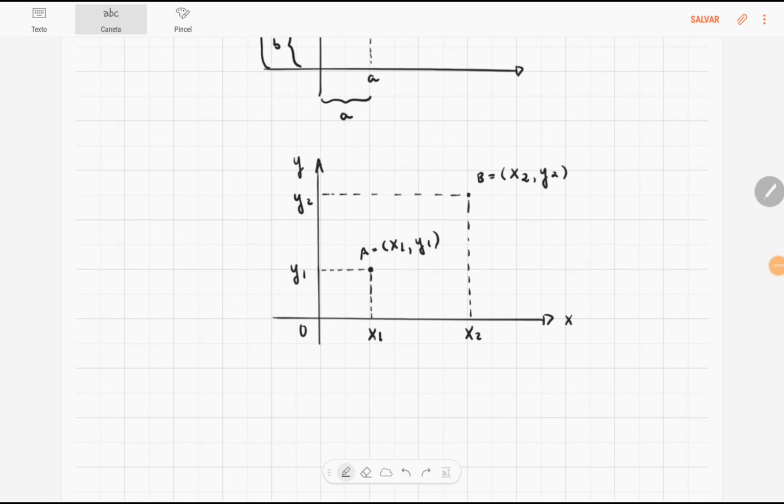The difference between both abscissas is this distance, and it's denoted by delta x, and it's equal to x2 minus x1. The difference between both ordinates is this distance, and it's denoted by delta y, and it's equal to y2 minus y1.